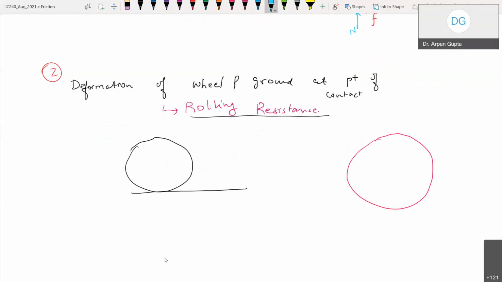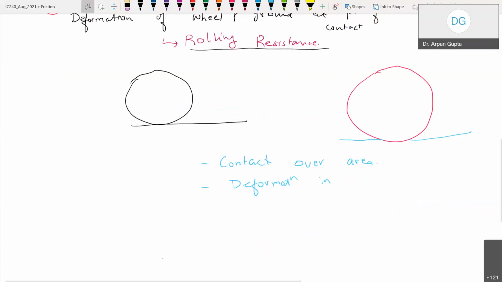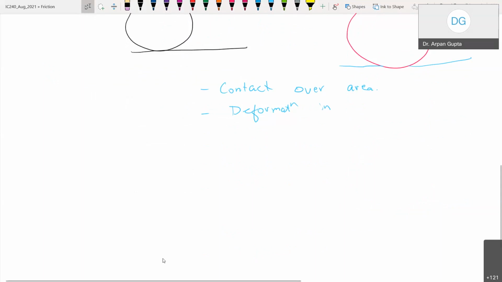So I'll just show it. The idea is that you have a contact over an area, not just a point contact, and there is a deformation in the wheel as well as on the ground.